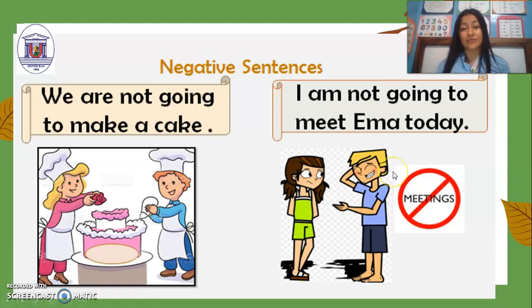He decided that he is not going to meet Emma today. Let's read the last time, please. We are not going to make a cake. I am not going to meet Emma today. Excellent.